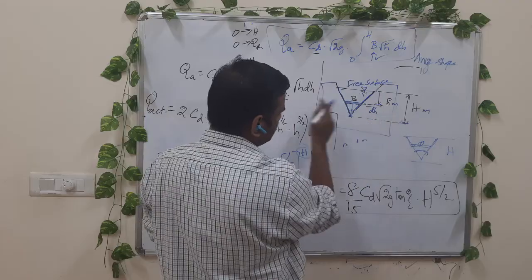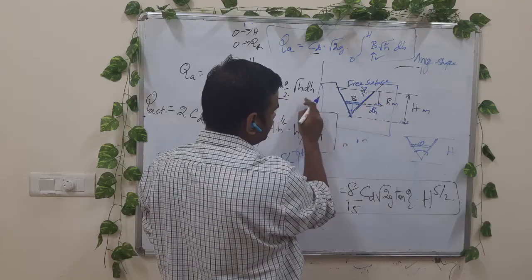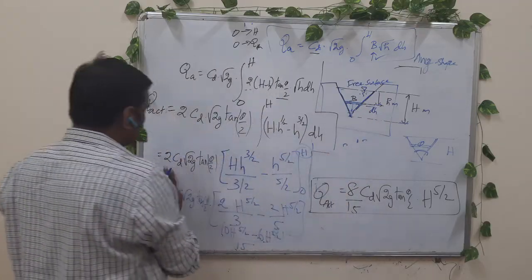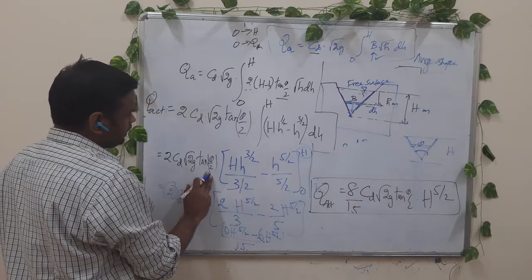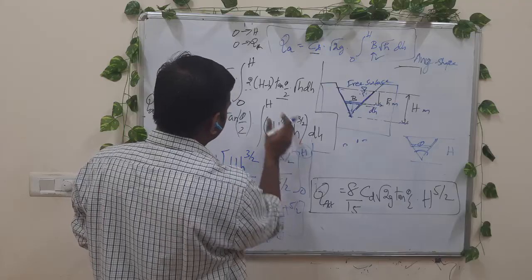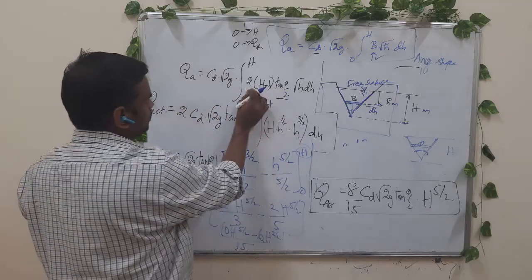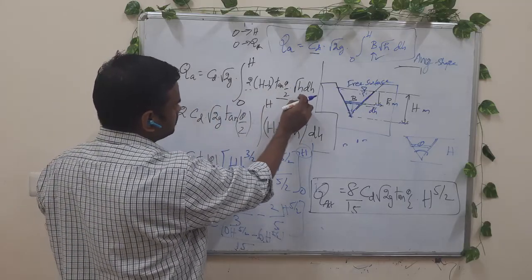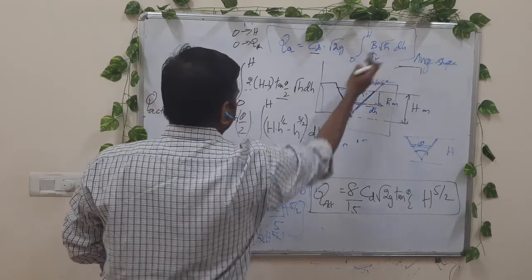So taking h minus h to the right hand side, and the denominator 2 to the right hand side, what we have is b equal to 2 into tan theta by 2 into h minus h. So that's what we substitute here: 2 into h minus h tan theta by 2. Then we have square root of h into dh.